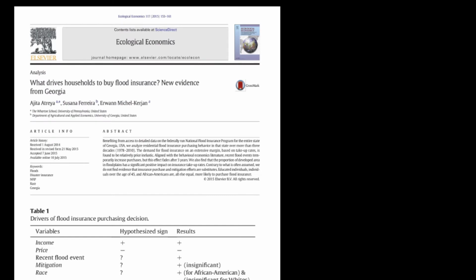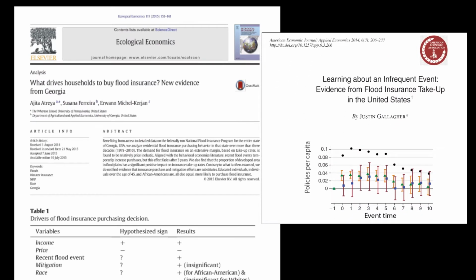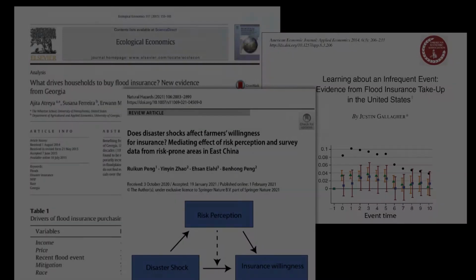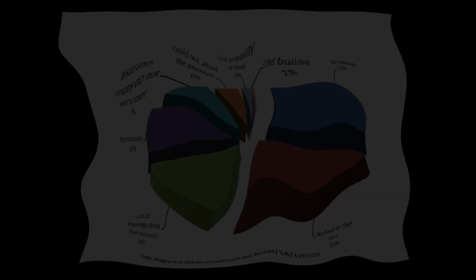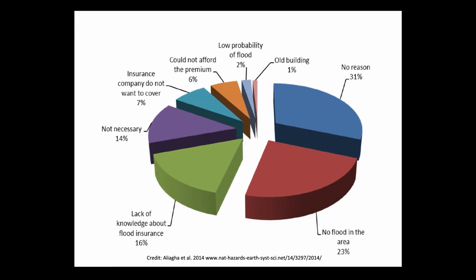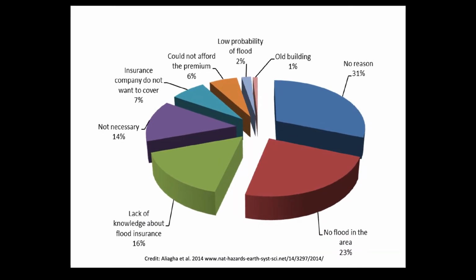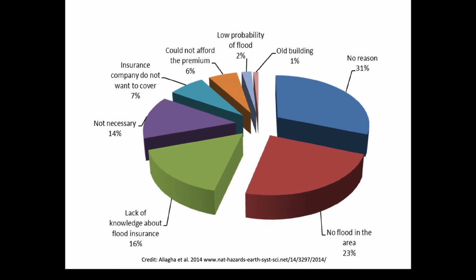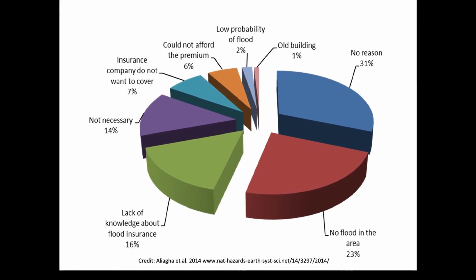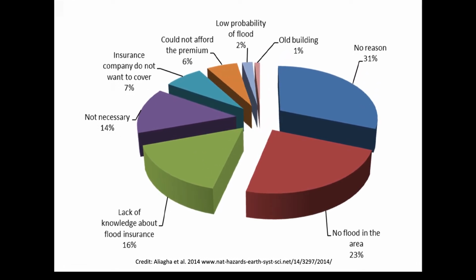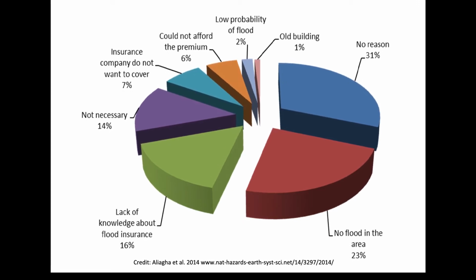For example, we know that in general, having experienced a flood in the past changes how people value insurance, but it's really hard to predict how much this matters for a given individual. There are lots of reasons why people don't have flood insurance policies, but we know from looking at flood policy records and population densities in floodplains that immediately after major flood events, the number of policies tends to increase while populations decrease.